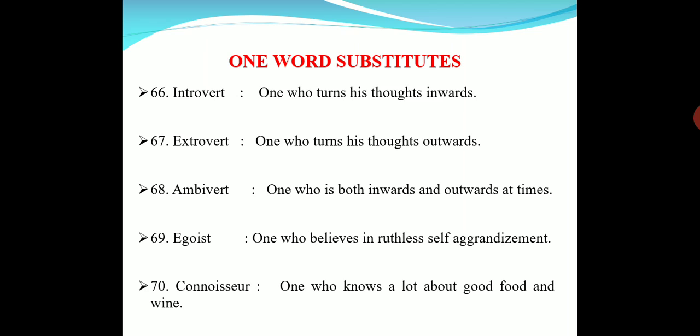One who believes in ruthless self-aggrandizement is called an egoist. He himself feels as high. Connoisseur, one who knows a lot about good food and wine. Connoisseur is a person who knows the taste, especially about good food, tasty food and tasty wine.